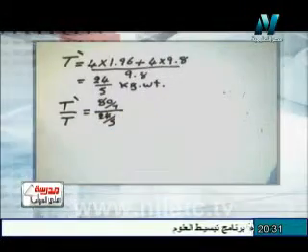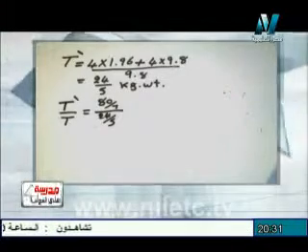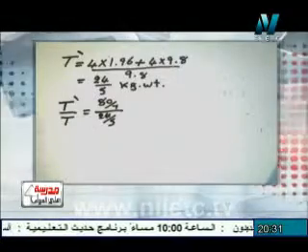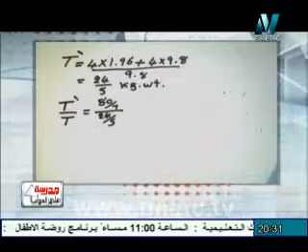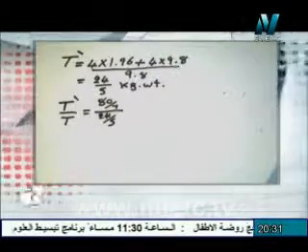Approximately it is equal to 80 over 7 divided by 24 over 5. No, it will be 48 over 5, because the pressure here is 2T.